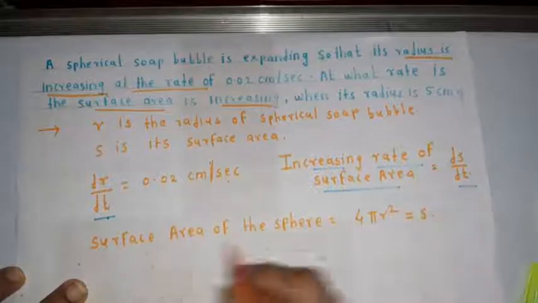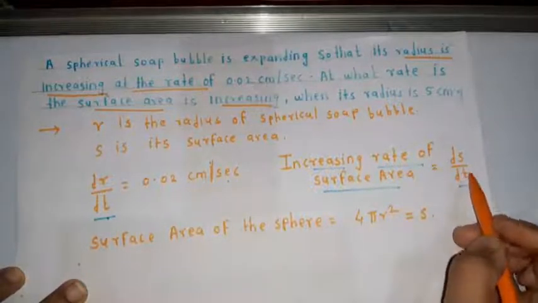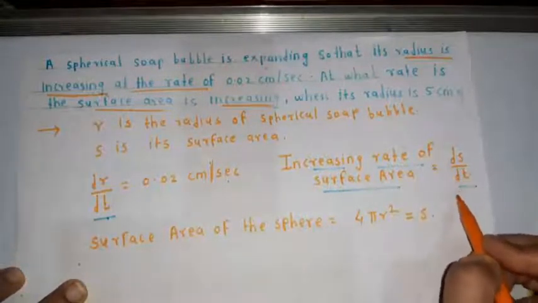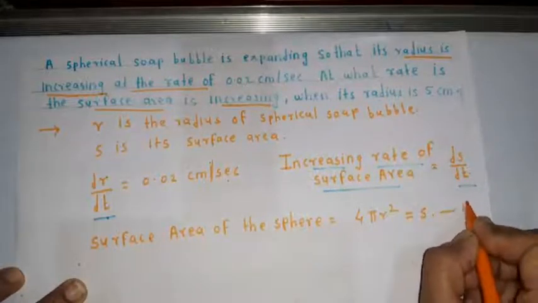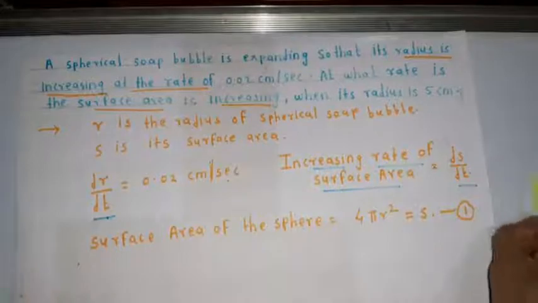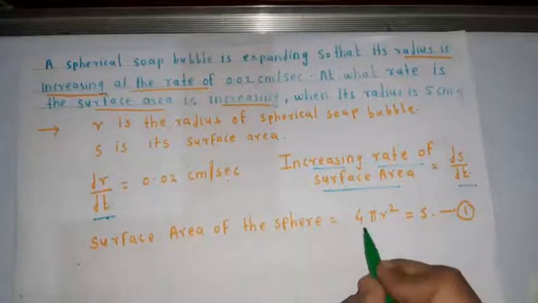And now to find out ds by dt. We have to find out ds by dt. Okay. So differentiate. Suppose this is the surface area and that is 1. Differentiate 1 with respect to t.